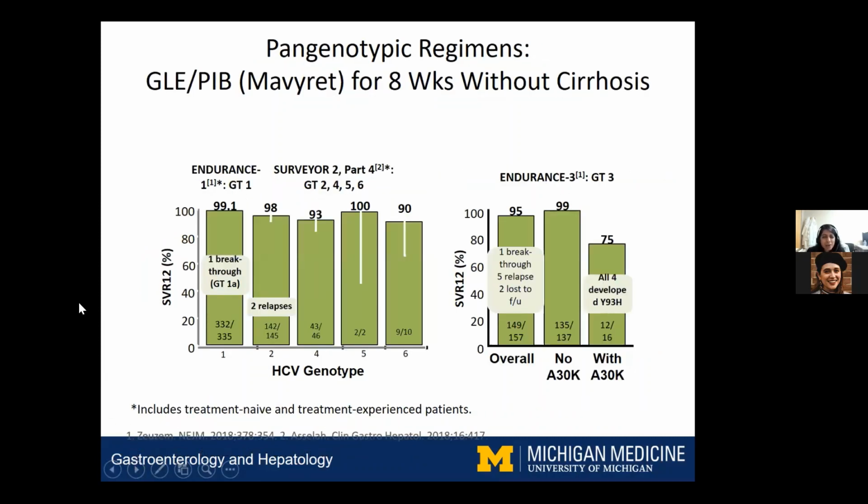The same thing was shown for glecaprevir/pibrentasvir, or Mavyret, with 8 weeks of treatment without cirrhosis across all of these genotypes. And you can see the SVR rates anywhere from 95 to 99%.